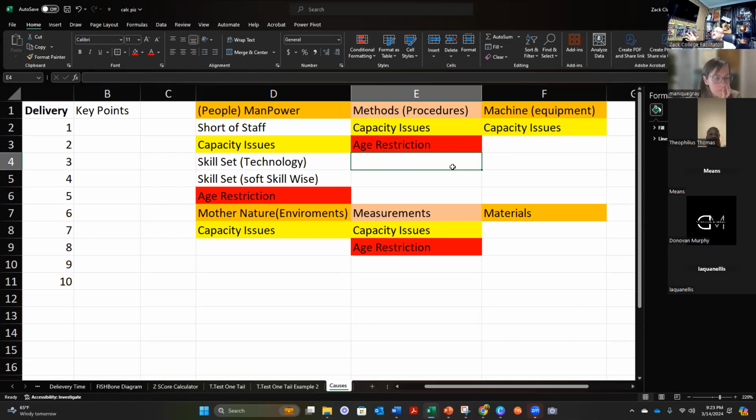So when we look at this from a procedural standpoint, that's going to have multiple facets that might be a root cause leading from this issue. So that age restriction also decreases our capacity, and it also decreases our shortage of staff as well.